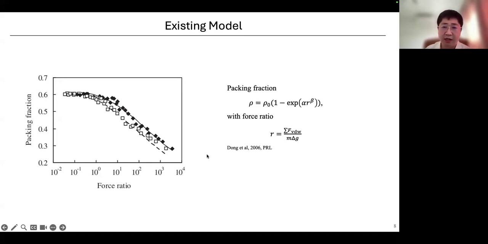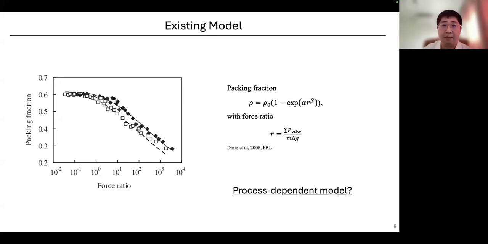But one thing we realize is missing is that the overall packing fraction also depends on the process, namely how to actually generate this packing. In some literature, they just mentioned that in simulation, they let the particles fall down.